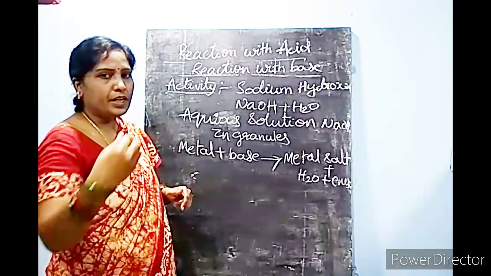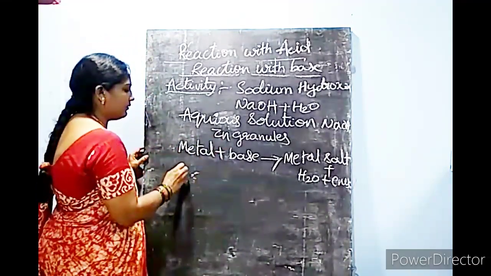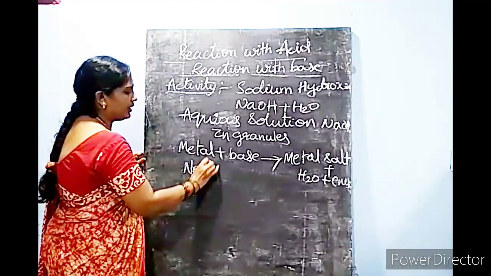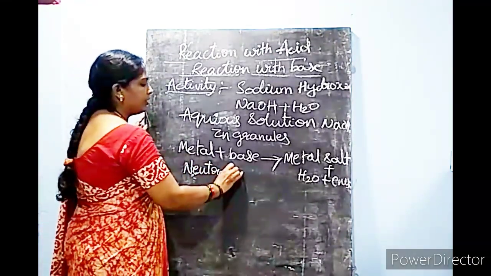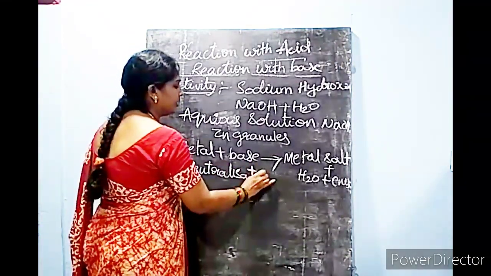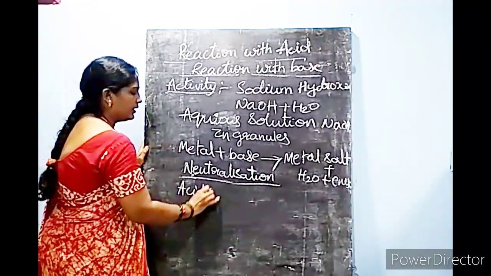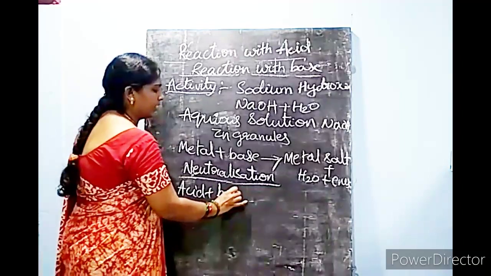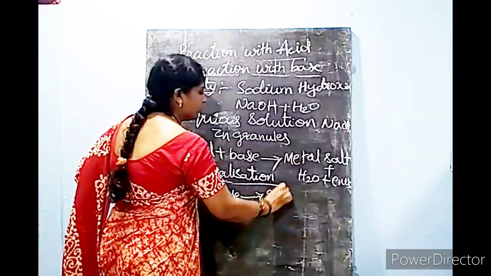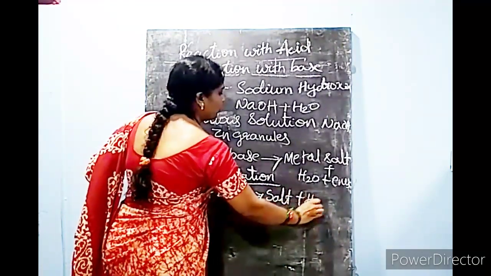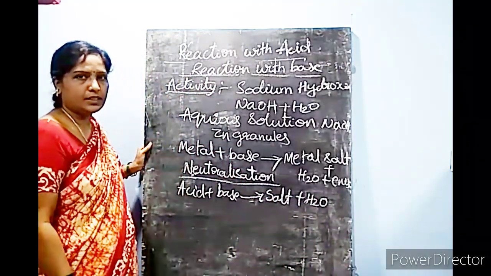The same type of reaction you also learned in class 7 as a neutralization reaction. When an acid and a base react, they form a salt plus H2O. You remember this?